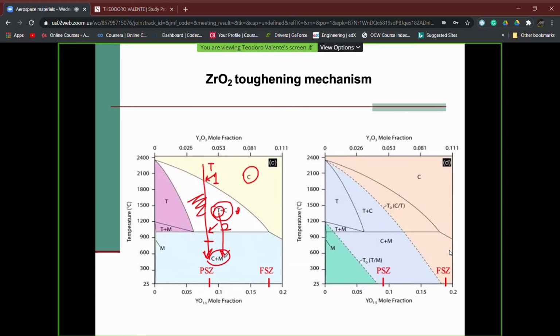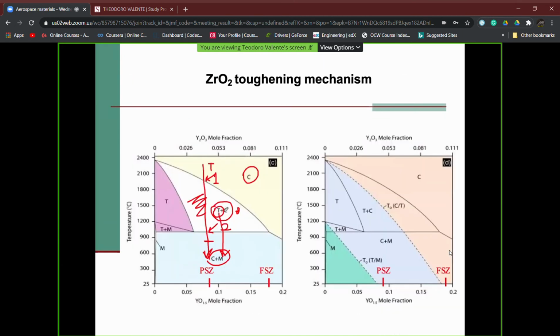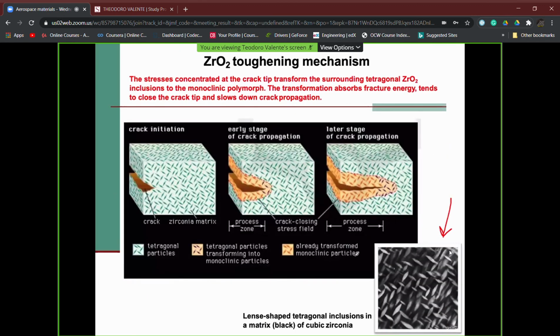Why? Because we should be able, and please trust me, we are able, you have a look to this picture, to let this tetragonal zirconia exist here and still exist in a metastable phase when we use a very rapid cooling, to be in a special form like this, lens-shaped, very fine and very well distributed inside the cubic zirconia matrix.